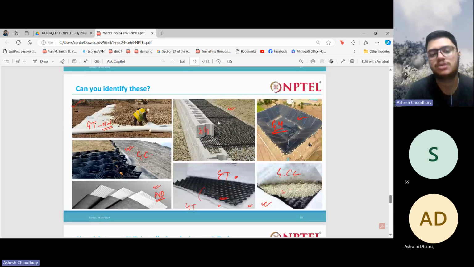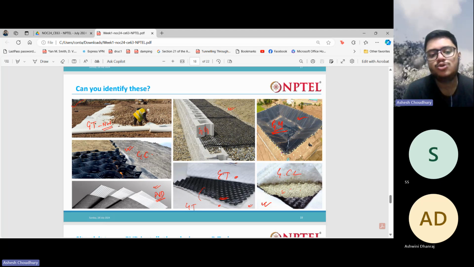Then we introduced the types of geosynthetics. We have geotextiles, geocells, PVDs, nets, geogrids, geomembranes, geosynthetic clay liners, all these things.